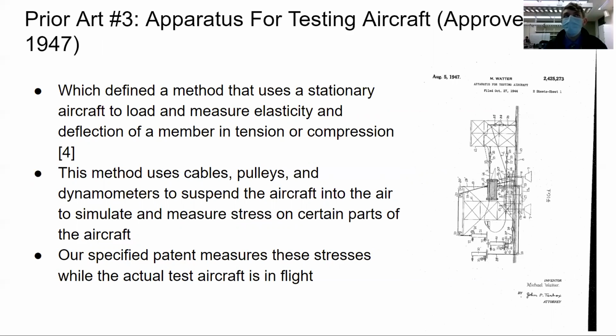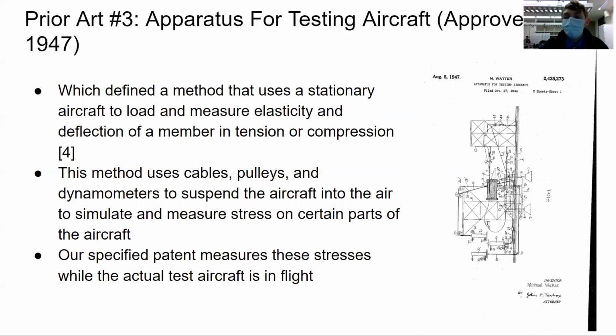While it was considered a static form of testing, in that the aircraft was not physically in flight, they were able to more accurately model the stress with the aircraft elevated off the ground. Our particular patent uses similar methods, only ours would be in flight versus just being stationary and elevated from the ground, if that makes sense.